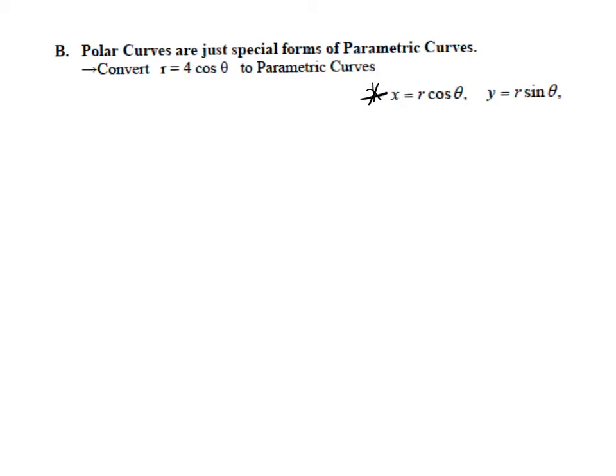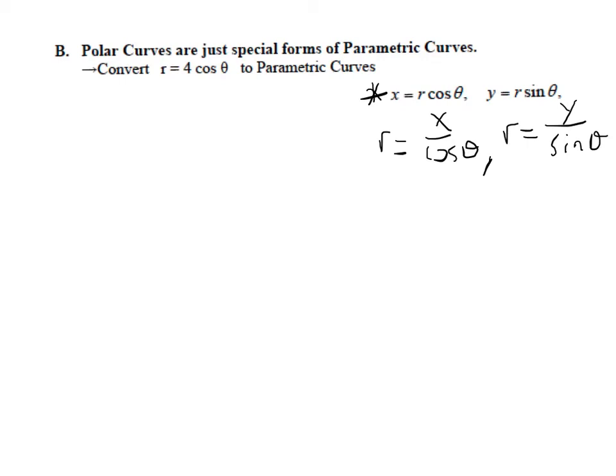They're written right there, and we can take these and solve for r. If I were to divide this first one by cosine, I would get r equals x over cosine. And if I were to take the second one and divide by sine, I would get r equals y over sine. So we're going to be using that fact to help us out.